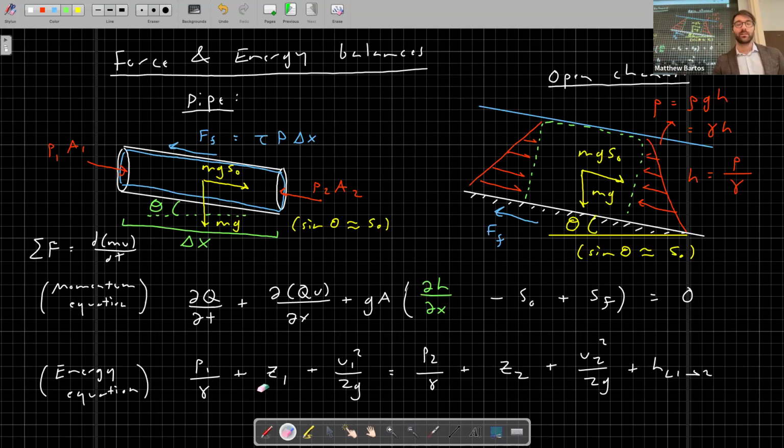Okay, what about for the energy equation? What does this term here get replaced by? What does our pressure head term get replaced by? So it was P over gamma in our pressurized pipe flow case. For the case of open channel flow, what will it become? Just h, right? Just the depth of the water.